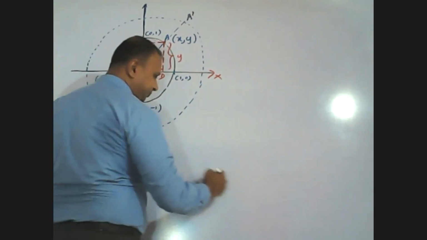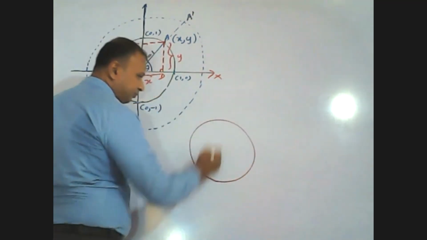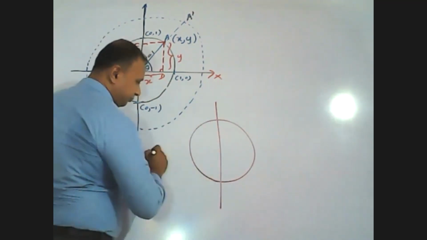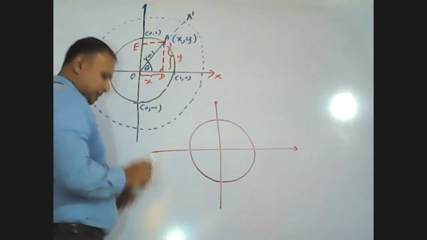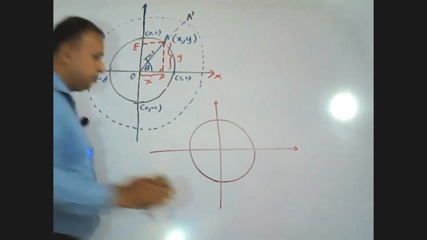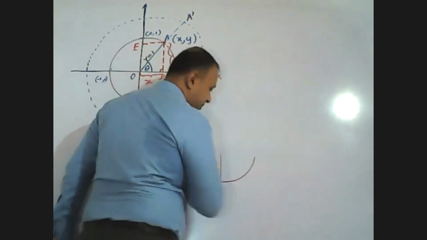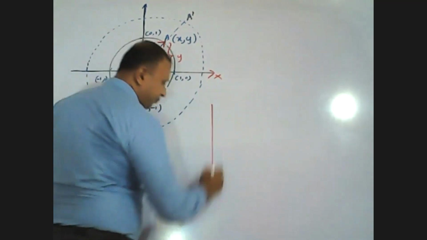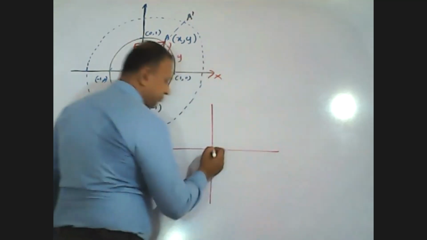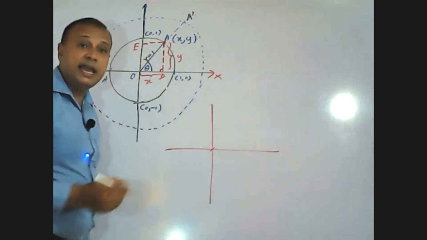Suppose this one. Don't draw any circle. Suppose there is a line.